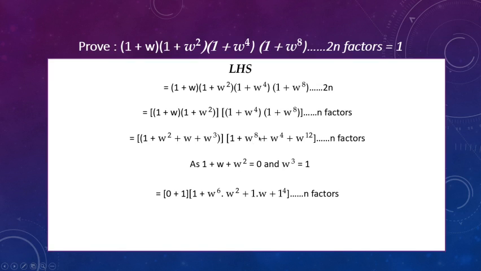Here we have omega 8. We will split it into omega 6 into omega square. We have made it omega 6 as we want a multiple of 3, so that we can make it equal to omega cube and we can write it equal to 1. So omega 6 is equal to 1 as omega 6 is the omega cube square. Here we have omega square. Now we have 1 plus omega square plus omega, which is equal to 0.